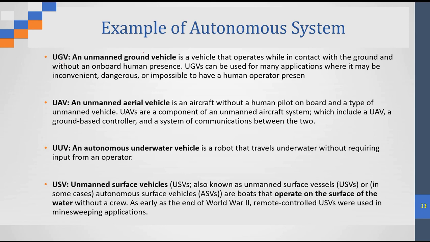As we see, all of them are unmanned vehicles. Some are based on the ground, that means they walk on the ground, and aerial ones are in the air like an aircraft. Some are underwater, that's why they call it UUV, and some are on the surface. So this is another kind of autonomous system, or also semi-autonomous system.